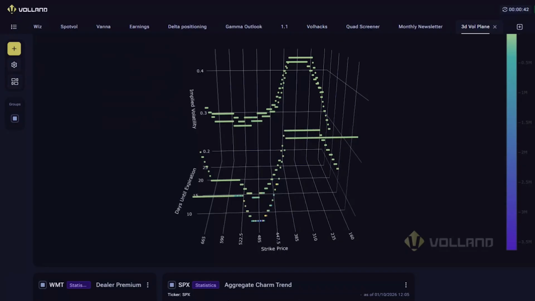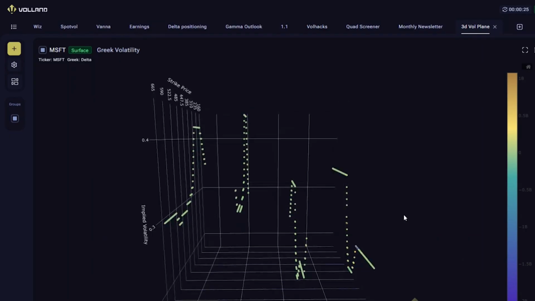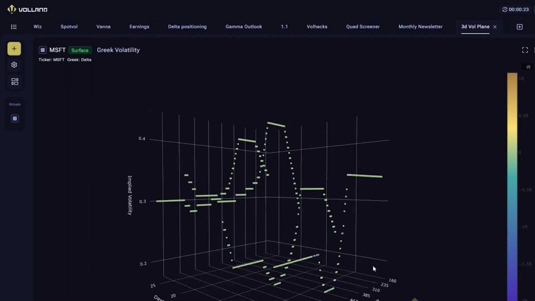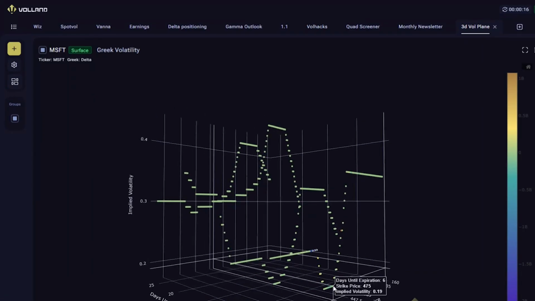You can also use this widget to see which expirations, and more specifically options, are the most sensitive to option pricing variables, such as this one. If I look at absolute delta, I know that the near-term options at the lowest point in delta here between 500 and 475 are fairly sensitive to any kind of changes in price.